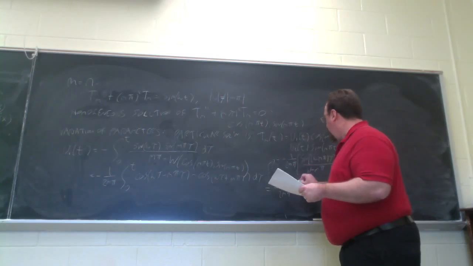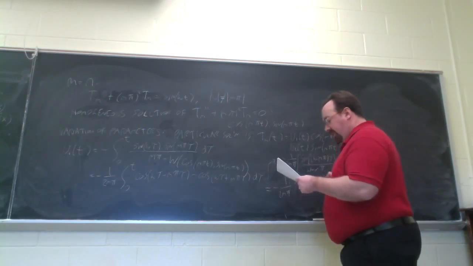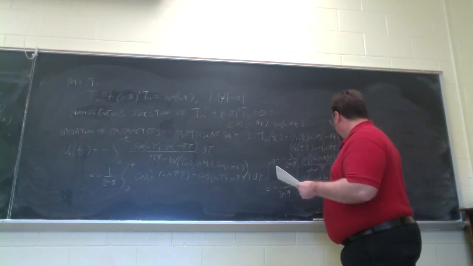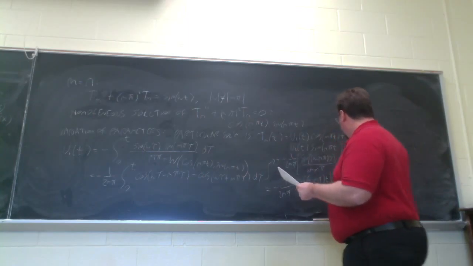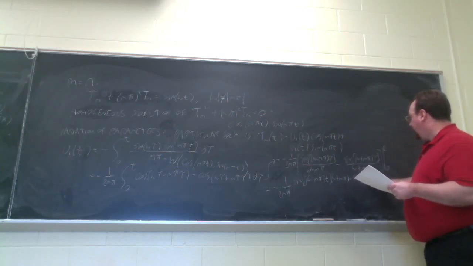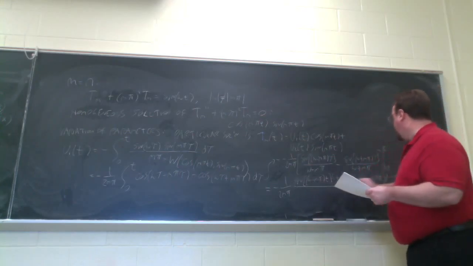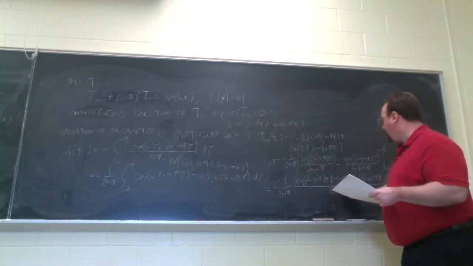We get sine of omega minus m pi, t, times omega plus m pi, minus sine of omega plus m pi, t, times omega minus m pi, all over omega squared minus m squared pi squared.